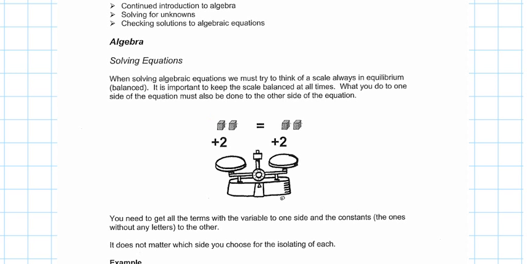I have to eat 2, 1 from each side. Otherwise, my balance is going to tilt, right? So whatever I do to one side, I must do to the other side, okay? And this is what happens in mathematical equations, inequalities. If I do something to one side, I have to do it to the other side, okay?